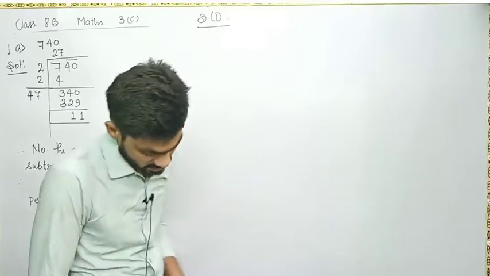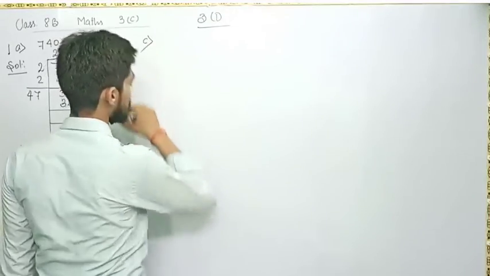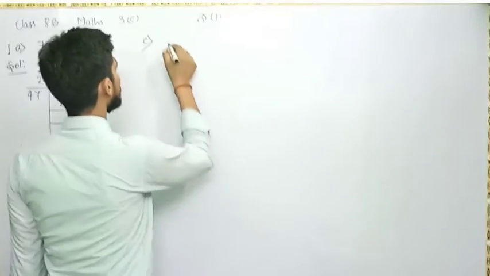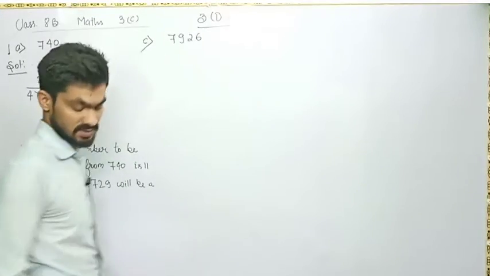Second question, you try. Third I am telling. C part. C part is 7926.